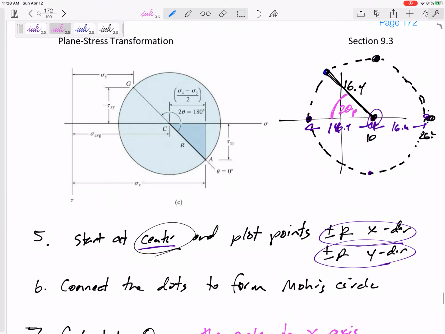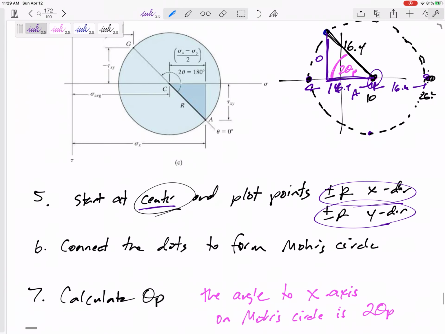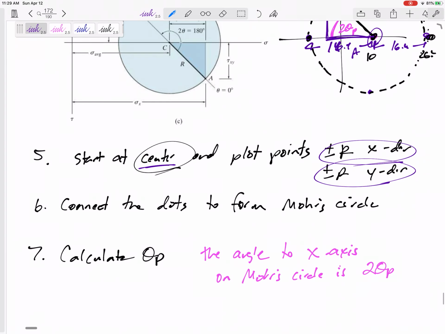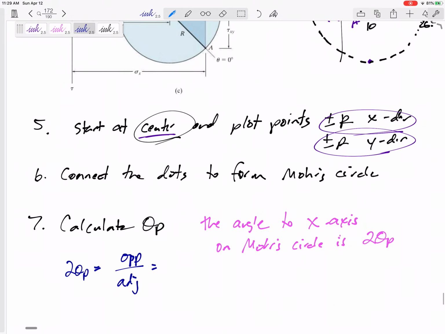How can you find that angle? Well, you can do tangent of this triangle, right? Opposite over adjacent. So I would say, okay, tangent of 2 theta p is opposite over adjacent.